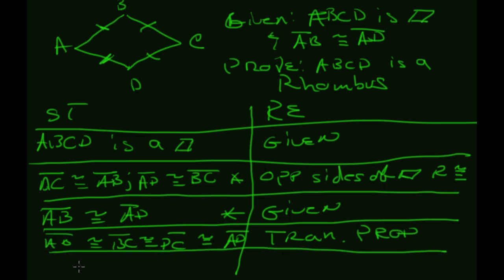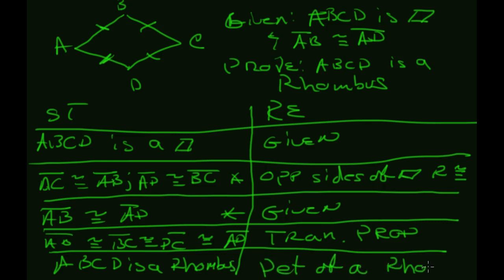Which finally says that ABCD is a rhombus, and that's by the definition of a rhombus. Okay, so 3 down, 2 to go. We now have that if I have 2 consecutive sides, that's enough to show that it is a rhombus.